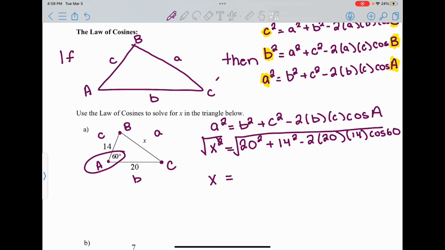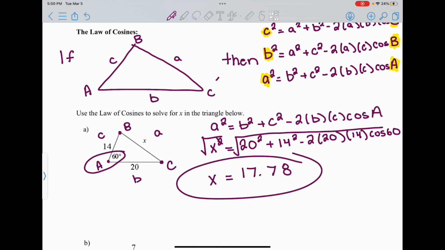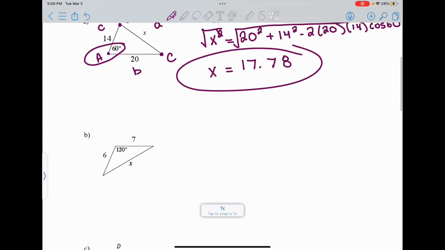So if you type in the square root of 20 squared plus 14 squared minus 2, and you can even do parentheses in the calculator, parentheses 20, parentheses 14, and then the cosine of 60, you should get 17.78 when you round to 2 decimal places. If you didn't get 17.78, please come see me in class so that we can practice plugging this into the calculator together. Let's try another one.